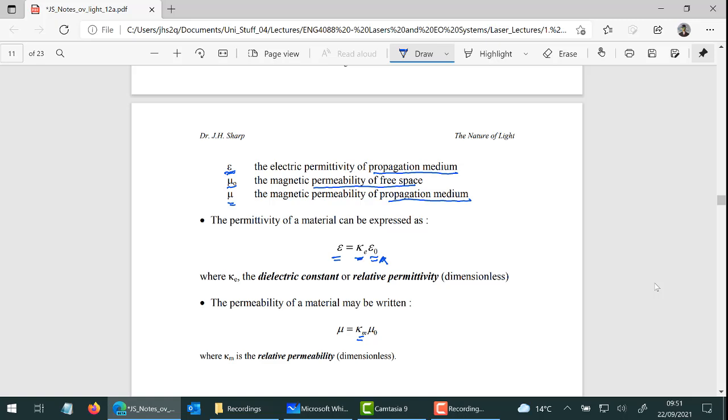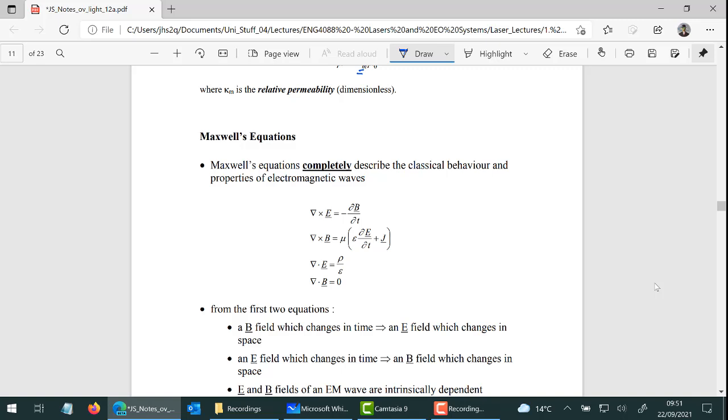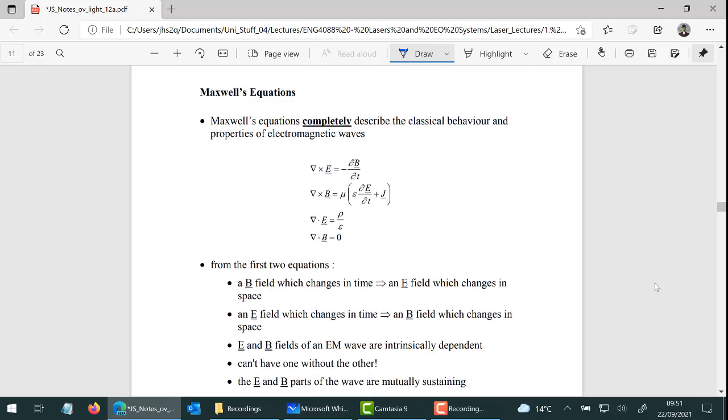So our dielectric constant K refers to how many times the vacuum permittivity the electrical properties are for that particular material, and similarly for the magnetic properties, the relative permittivity for electrical and relative permeability for magnetic.